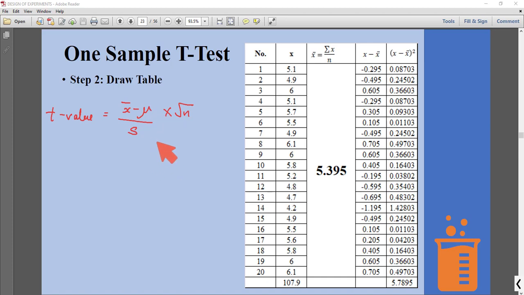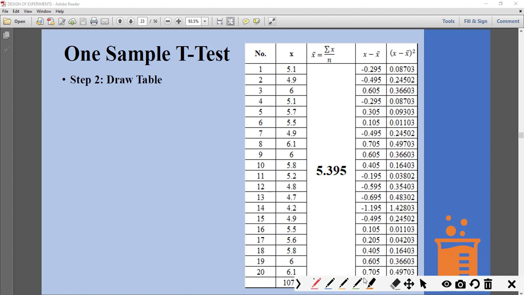Right? This is the formula for our t value. And what is the value of s? Right. These are the formulas that we have to use. So we will put these formulas to use right now.